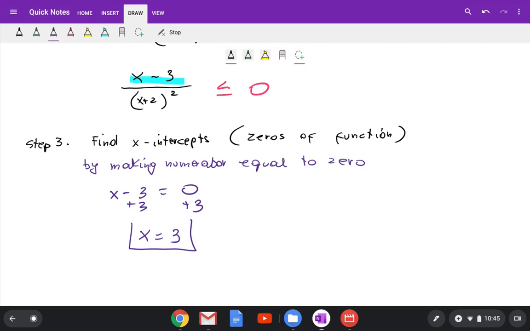Let's save that because we're going to do the same thing that we did with polynomials. We're going to have a number line and our x-intercepts will divide the number line into intervals. And we're going to check which interval satisfies the inequality. So a couple of things about the x-intercepts.